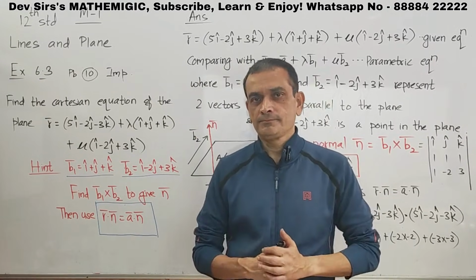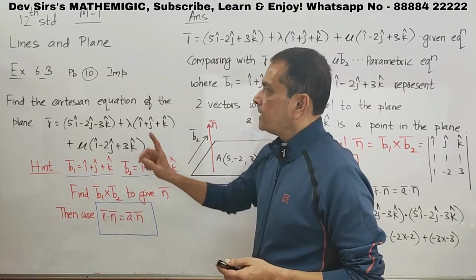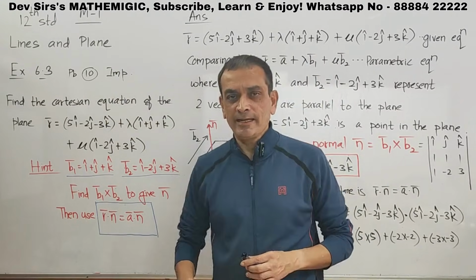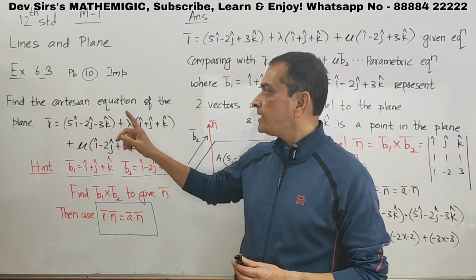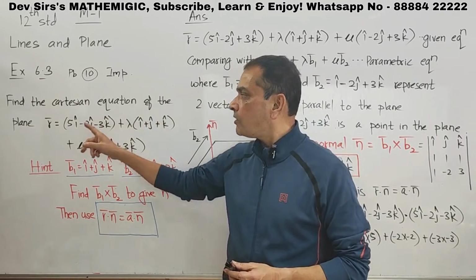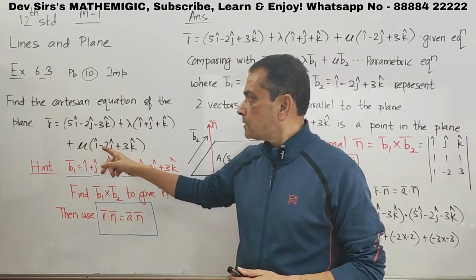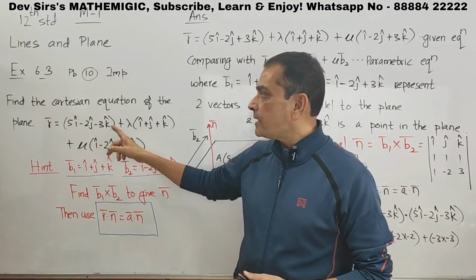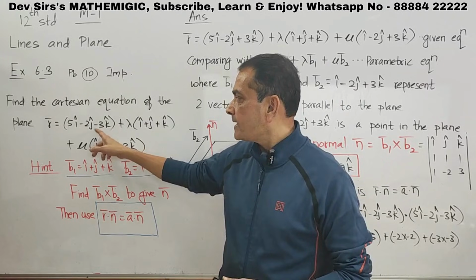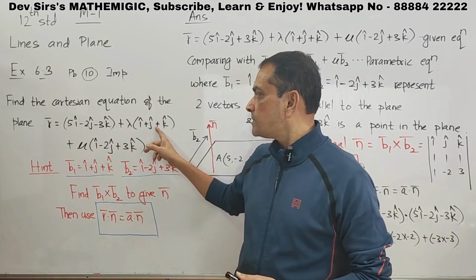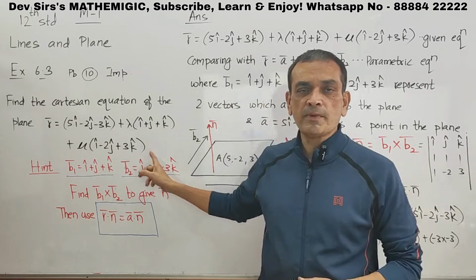देखते हैं क्या है. Exercise 6.3 problem 10. Find the Cartesian equation of this plane. R bar equal to this bracket plus lambda into this bracket plus mu into this bracket.